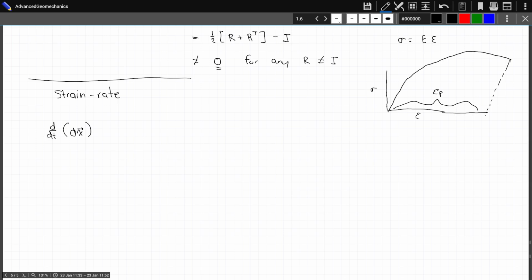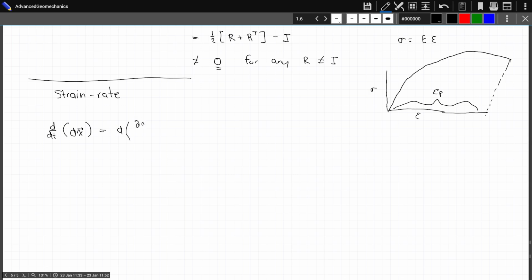Okay. So we can swap the order of this. We can move the d/dt inside and leave the little d operator out.